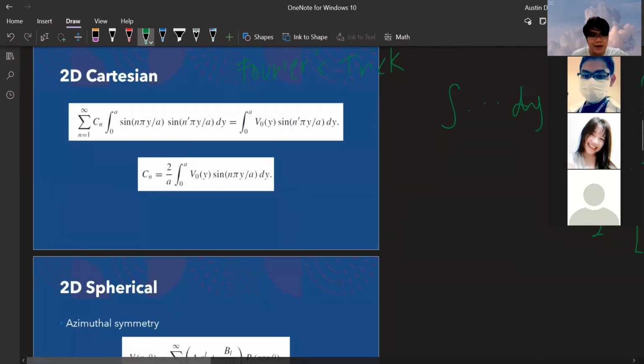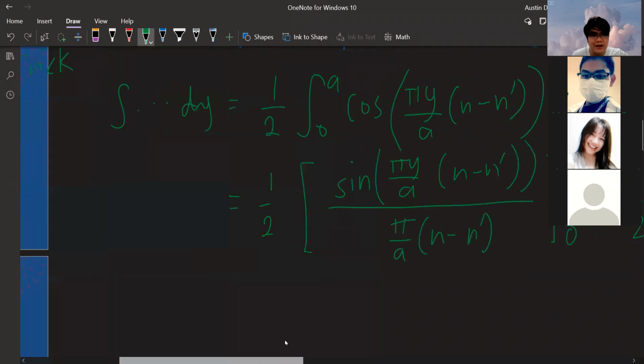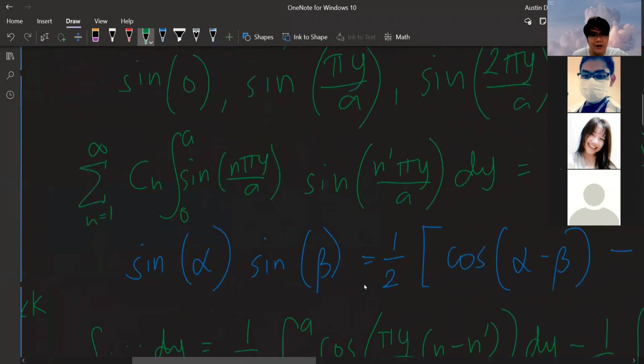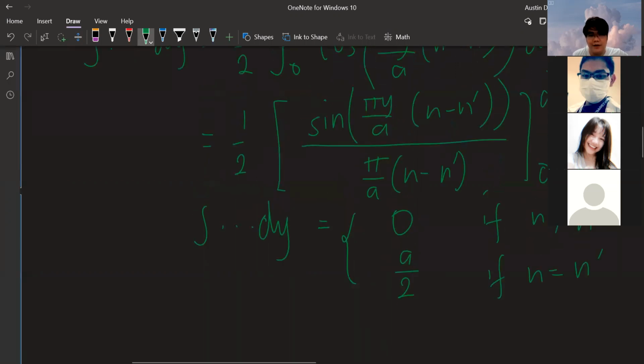So ano ng value ng integral natin? So the integral has a value of 0 if n is not equal to n prime, and then a over 2 kapag n is equal to n prime. Okay?